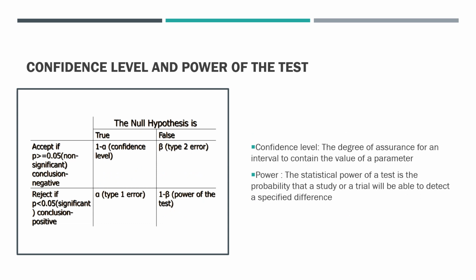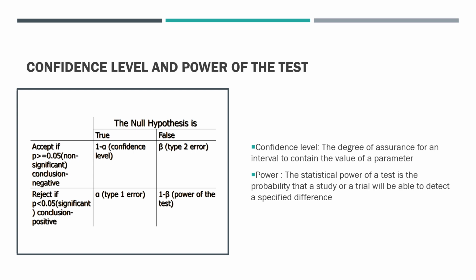The next two terms that you need to know are confidence level and power of the test. Confidence level is the assurance that an interval contains the value of a parameter, meaning the degree of assurance for an interval to contain the value of a parameter. Meaning, say there is no difference and your test is also going to say no difference, that is confidence level.